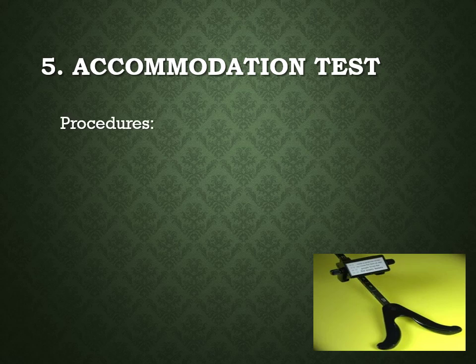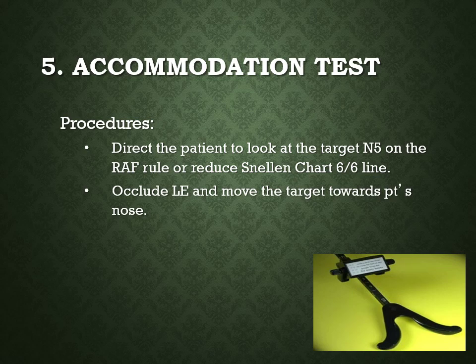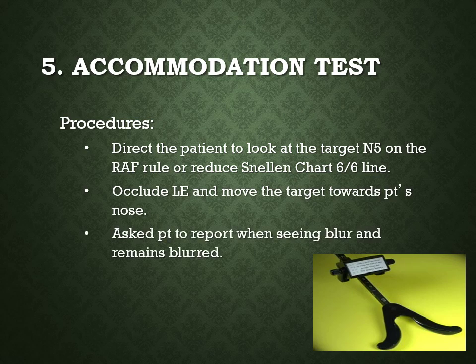The procedure of the accommodation test: direct the patient to look at the target N5 on the RAF rule and then occlude the left eye. Instruct the patient to keep the letters clear. Slowly move the chart closer to the patient and ask the patient to report when the letters become and remain blurry.